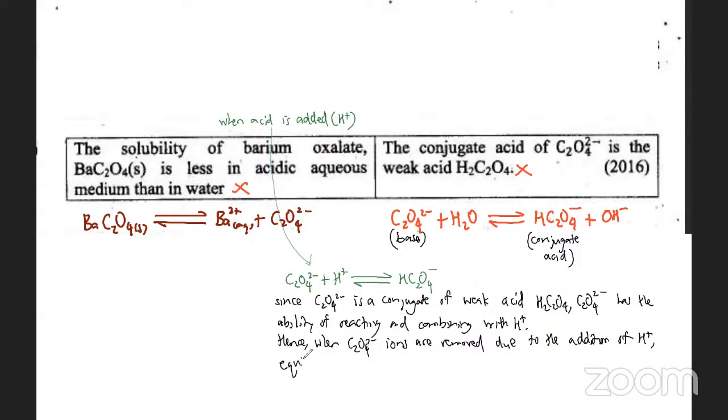Equilibrium will shift forwards. We are removing the product. When you remove the product, we know equilibrium will shift forwards. If equilibrium shifts forwards, this will dissolve. So barium oxalate dissolves more.